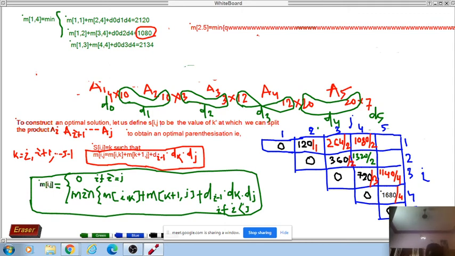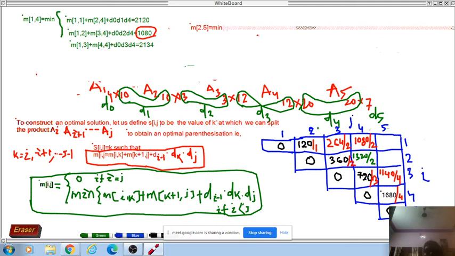Clear? Then you will find what is the value? Minimum of, anybody can tell me? m of 2 2 plus m of 3 5 plus d1 d2 d5.